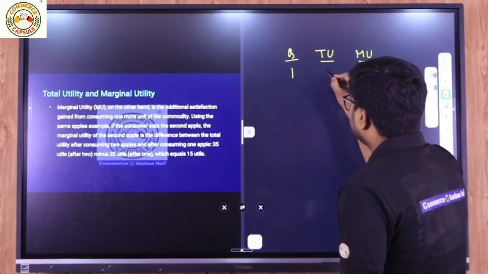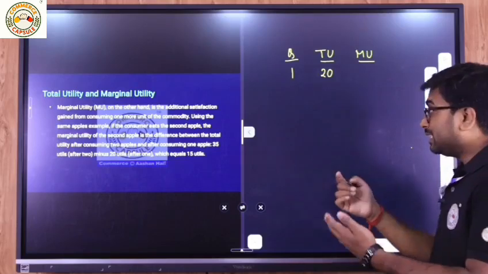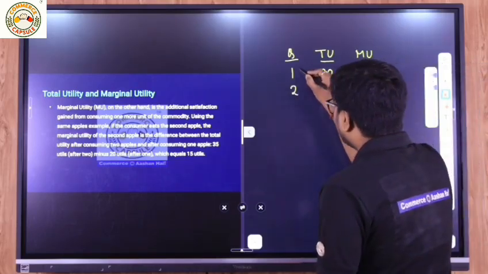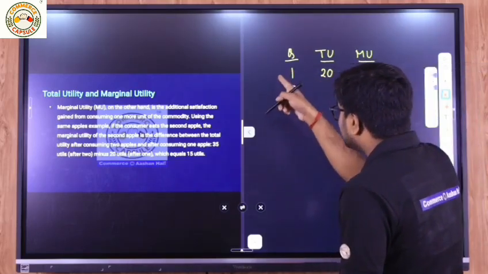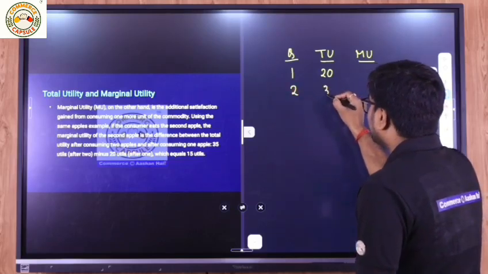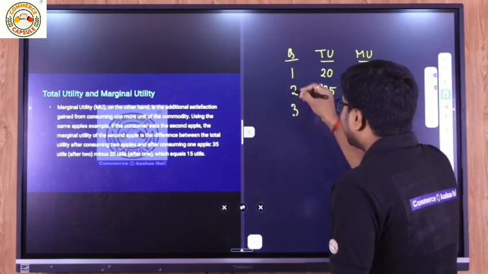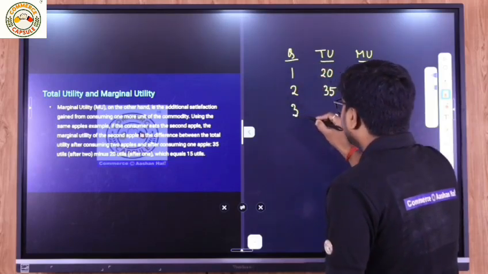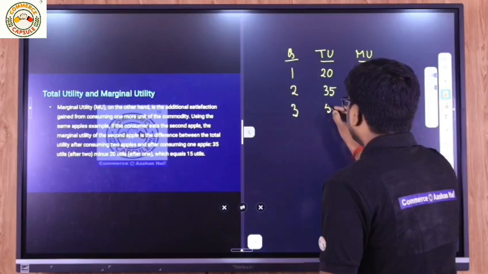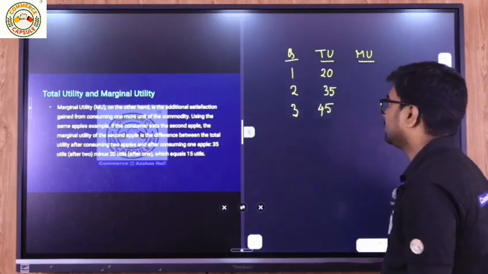For the first unit, maybe your total utility is 20 units. For the second unit, as a whole total utility from these two units is 35. For the third unit of consumption, as a whole total utility will be maybe 45 units.